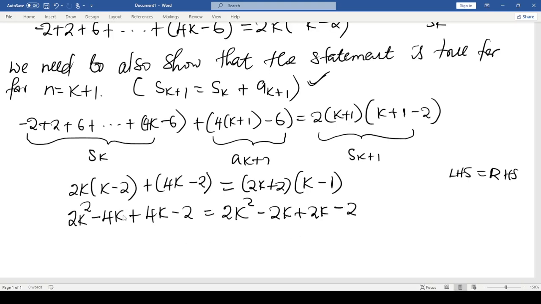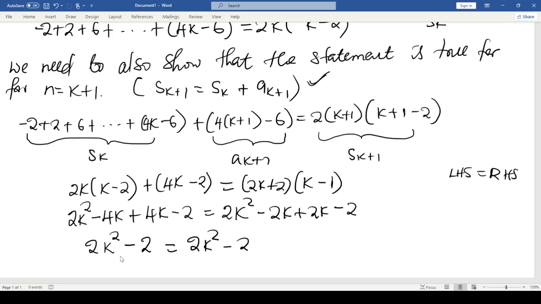So now this is negative 4k and this is positive 4k, so those will simply cancel out. So I'm left with 2k squared minus 2 this side, being equal to the other side, we check. So this is positive 2k and this is negative 2k and positive 2k, so meaning that they will just cancel each other out. So we have our 2k squared minus 2 like this.